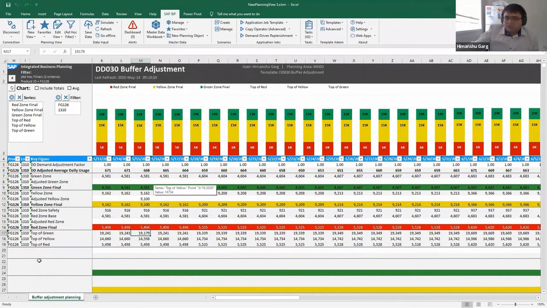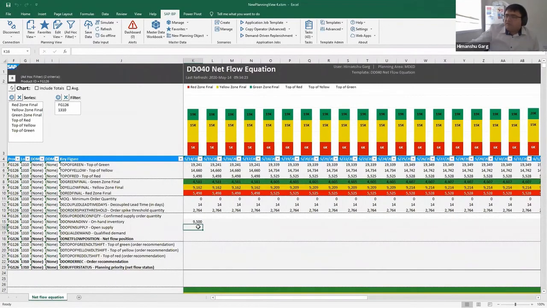So now let's go to the fourth view that we have, where we can see the net flow position. So here we can see almost the similar information that was available in the previous view, but in addition we can also see what is the confirmed supply that we will get from the execution system, what is the on-hand inventory available for the product location, then what is my overall open supply including the on-hand inventory, then what is my confirmed demand or qualified demand as DDR calls it, and then net flow position.